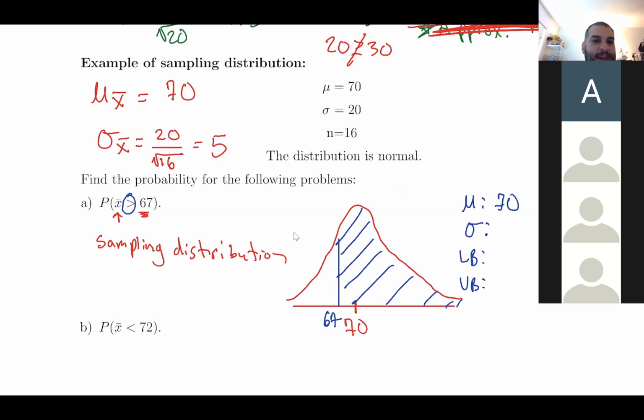For the standard deviation, you want to give it the adjusted standard deviation, because remember, we're not doing this for a single x, we're doing it for the x bar. So you want to put the standard deviation of x bar, which is 5. Then we want to tell it what the lower bound is. So based off of my drawing, what's the lowest number that I shaded?